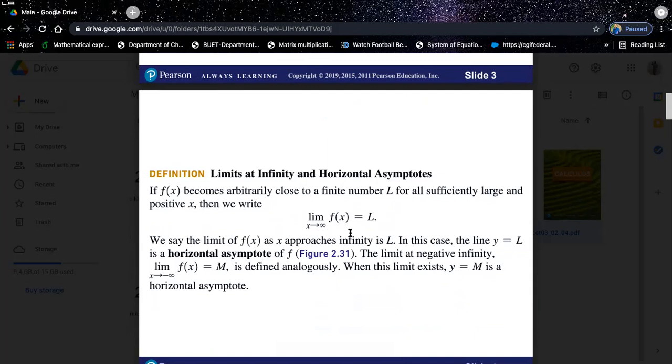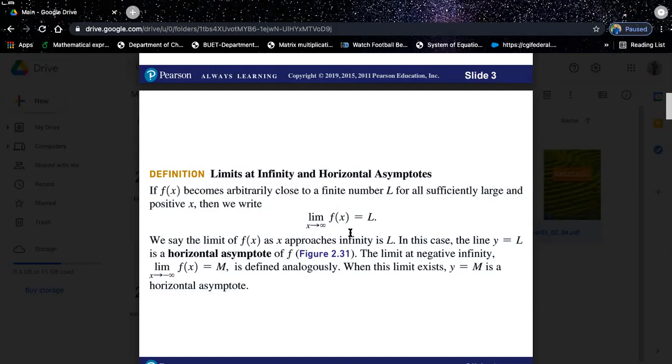Now we are actually turning things around. Initially, we said x is approaching a value and the function is approaching infinity, either side of the infinity. But now we say that if x is approaching infinity, then whatever the function is approaching, we say that's the horizontal asymptote.